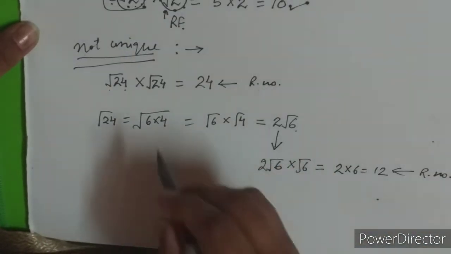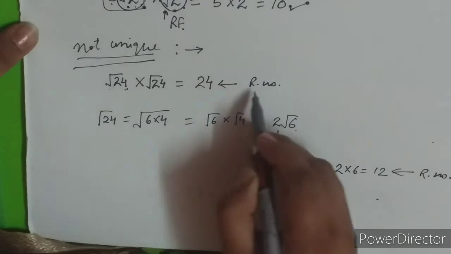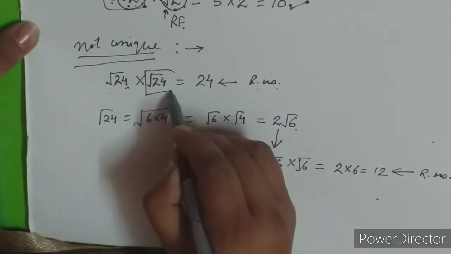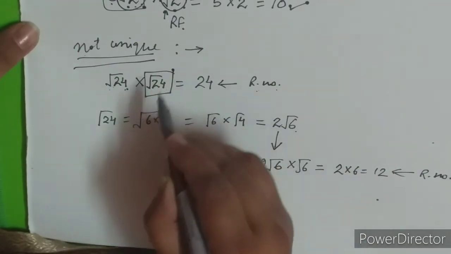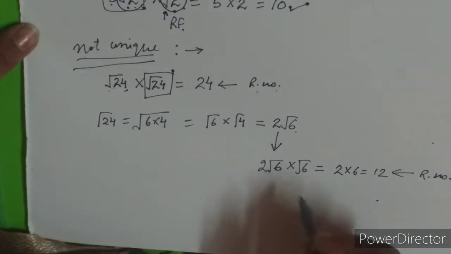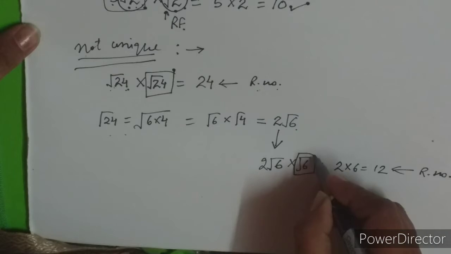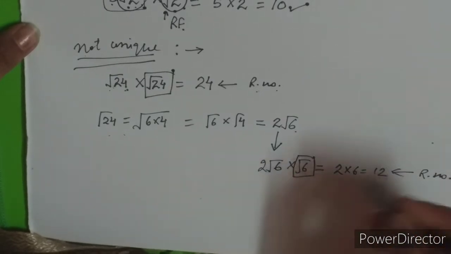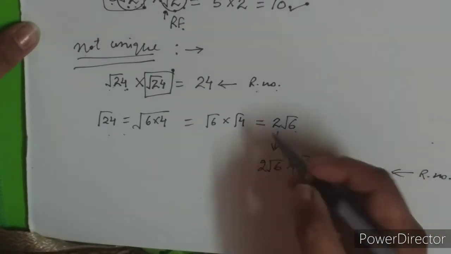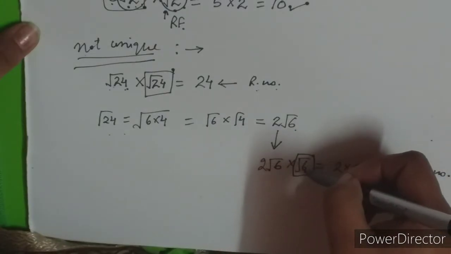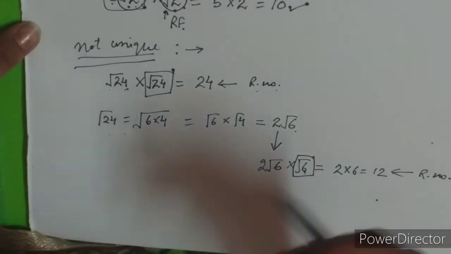Now, let us summarize what we have done. I changed square root of 24 into a rational number by multiplying it with square root of 24 itself. Then I changed square root of 24 into a rational number by multiplying it with square root of 6. That is another rationalizing factor. So, out of these two, which one is the lowest?